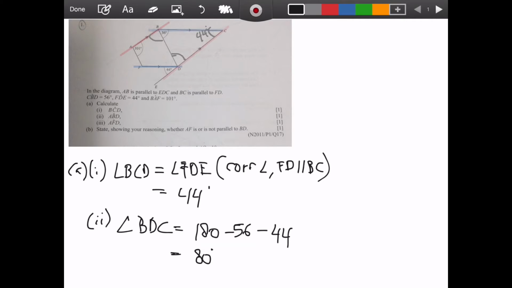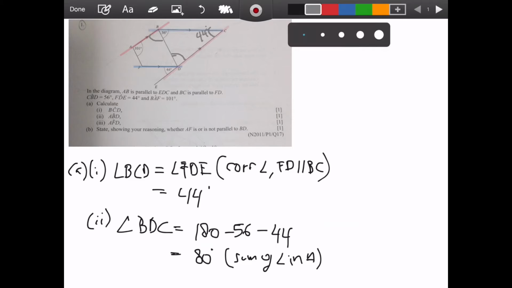This is the sum of angles in a triangle, which is equal to 180 degrees. So BDC is 80 degrees.